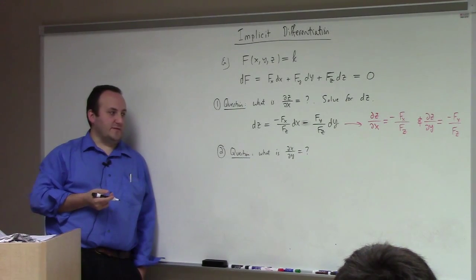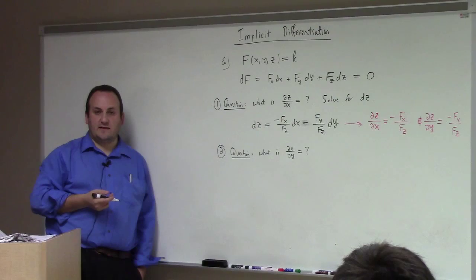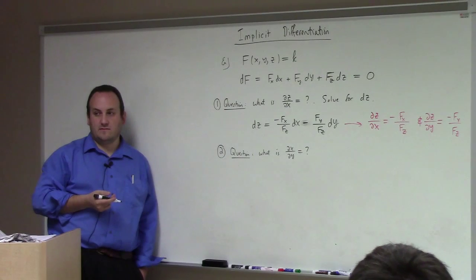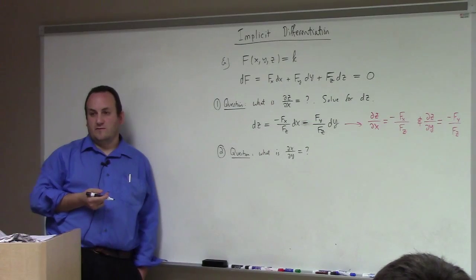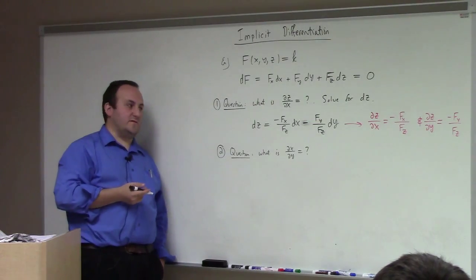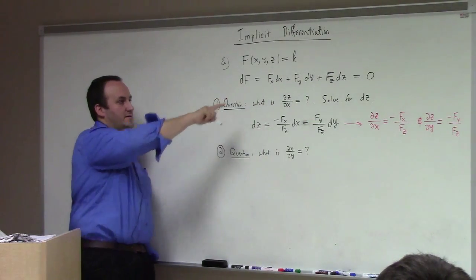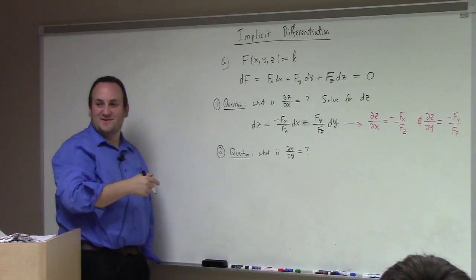In my second question, I'm proposing that x is a dependent variable, and by process of elimination, it has to depend on y and z. The implicit function theorem says I can write x as a function of y and z precisely when the partial derivative of f with respect to x is non-zero, which is the same condition I need to solve this equation involving differentials for dx.